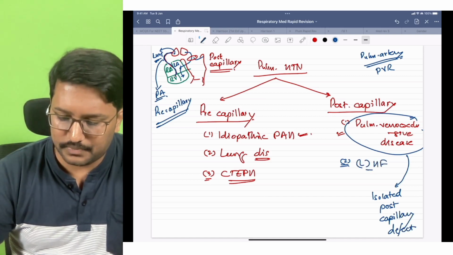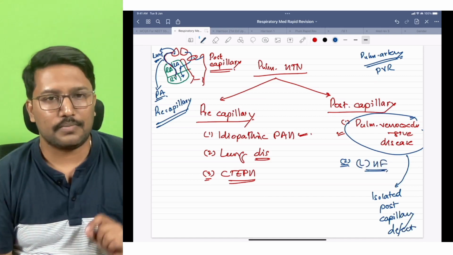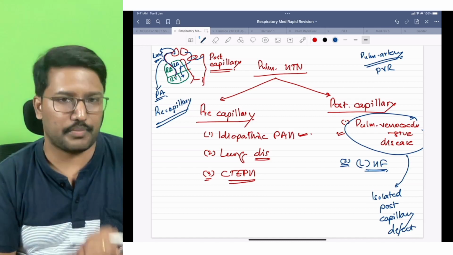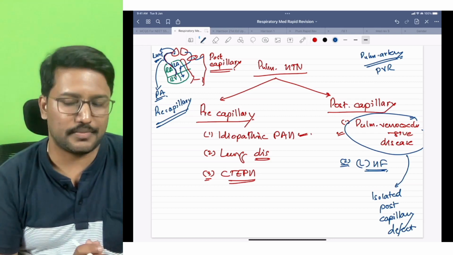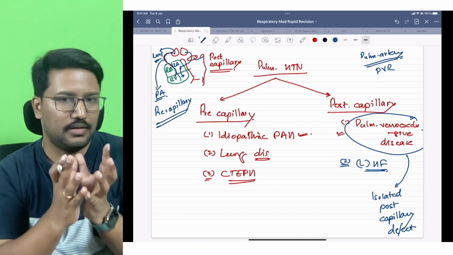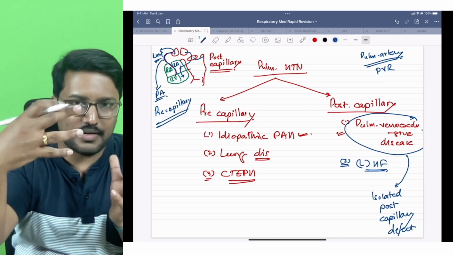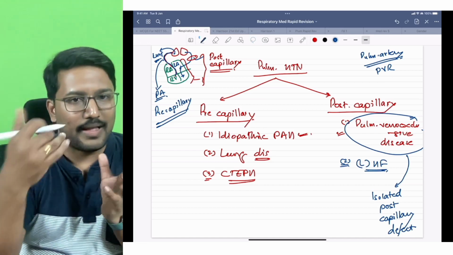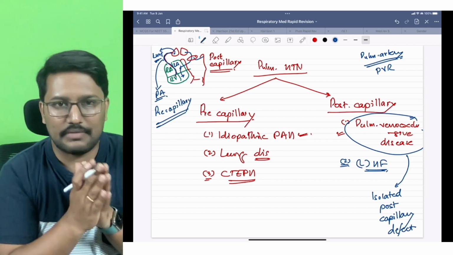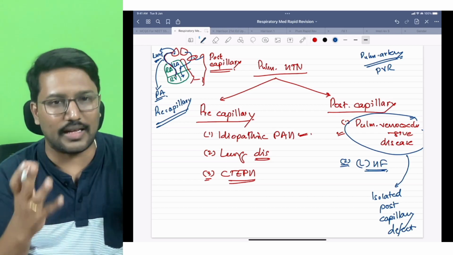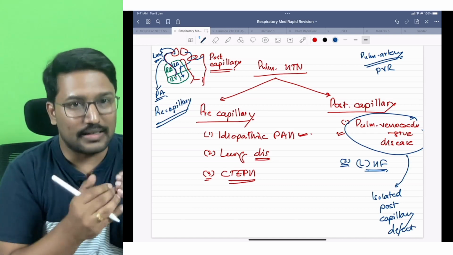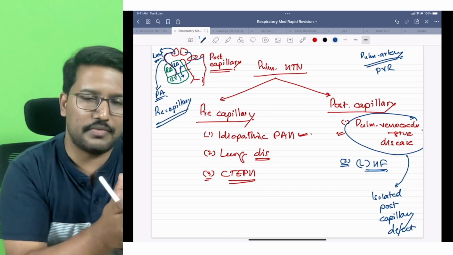Okay, now comes the patients of left heart failure, right? In left heart failure, the pathology is pre-capillary as well as post-capillary. Okay, now what do I mean by that? In left heart failure, you can take an example. If there is a left ventricular failure, obviously the left atrium is having difficulty to expel the blood into the left ventricle because it is non-compliant, it is stiff, or there is a dilatation and the ejection fraction is reduced, so the previous cycle's blood is not ejected or cleared from the left ventricle.